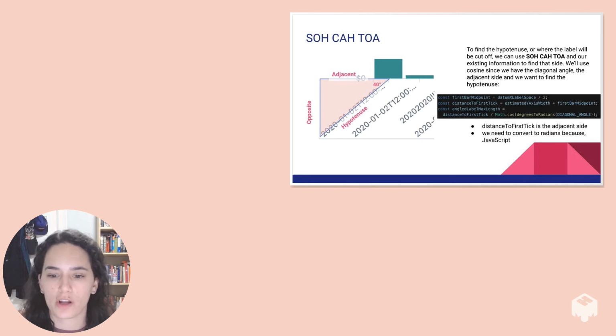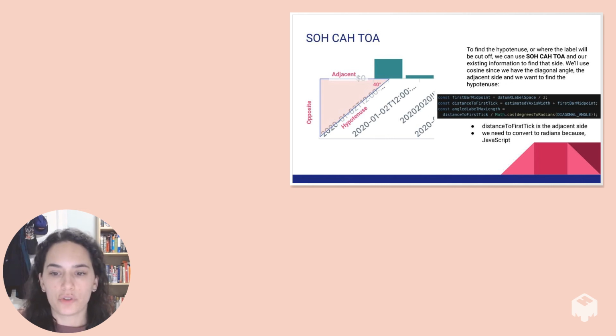I promise you it's probably not as painful as you remember. So in this case, basically what I was able to use was cosine, since we have the diagonal angle, and the adjacent side, which is, if you remember, the top part that I was able to calculate when I know the y-axis width and the width of the bar.